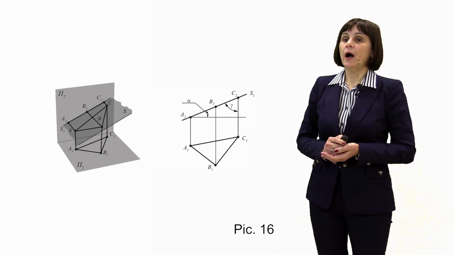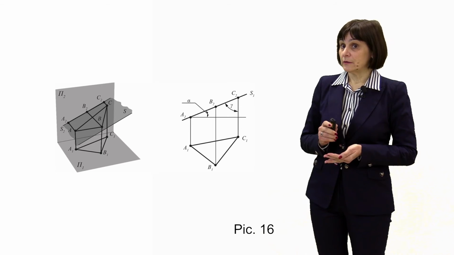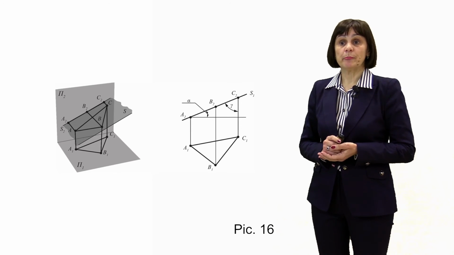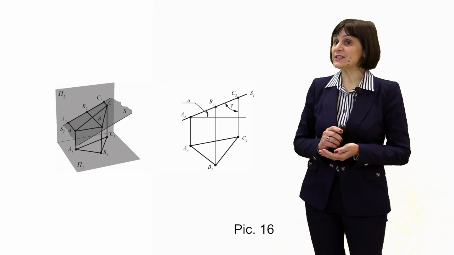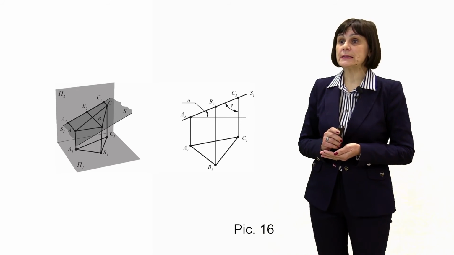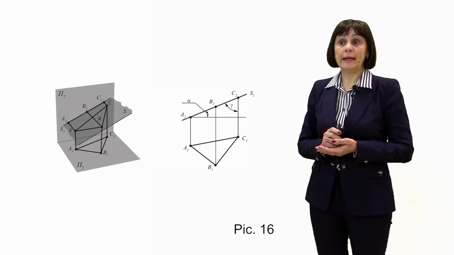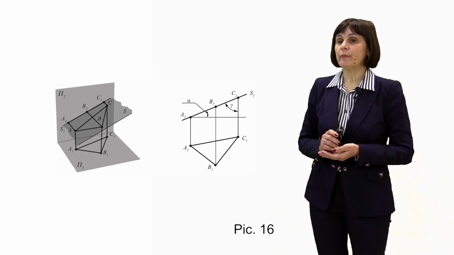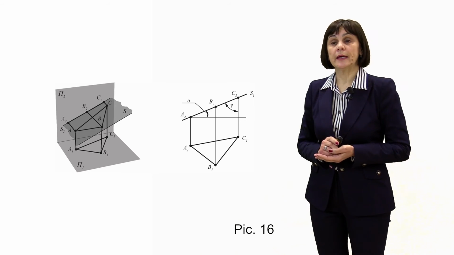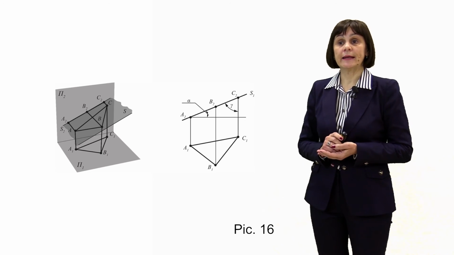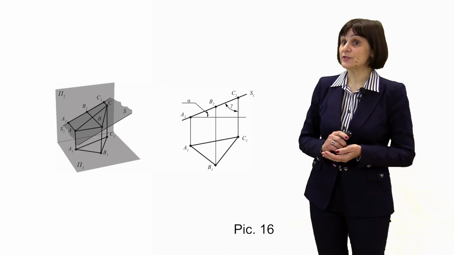And on the frontal projection plane, we have only a straight line, the trace of this plane, S2.